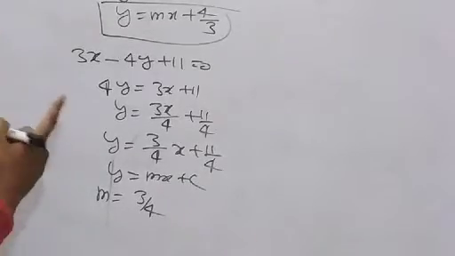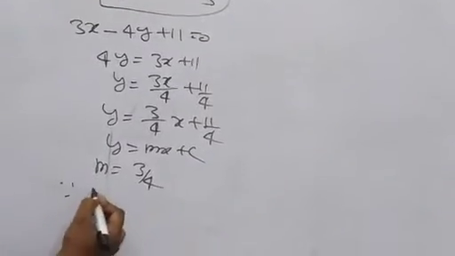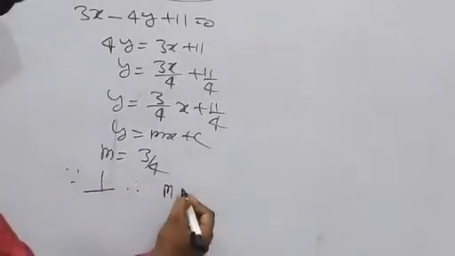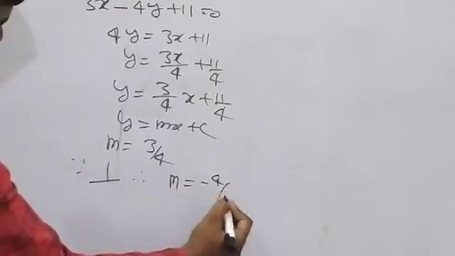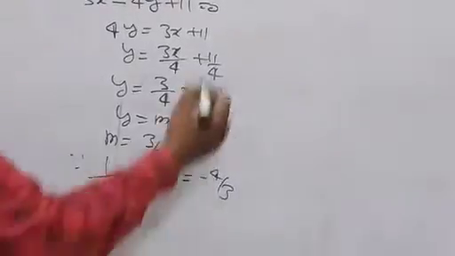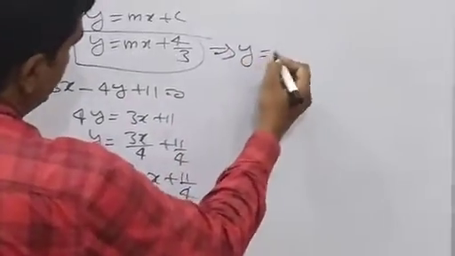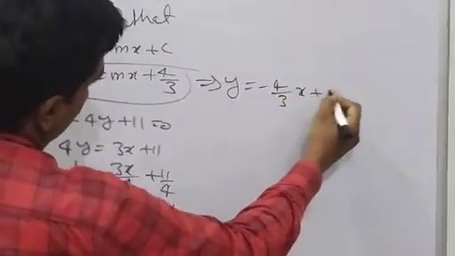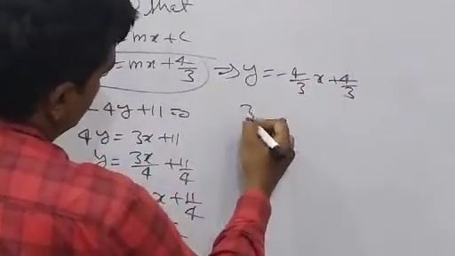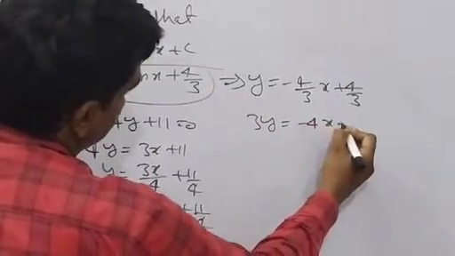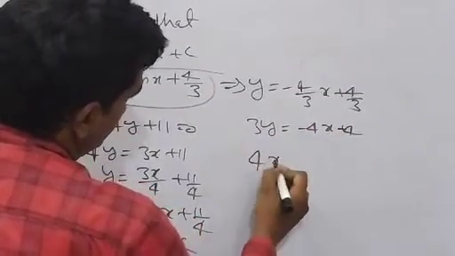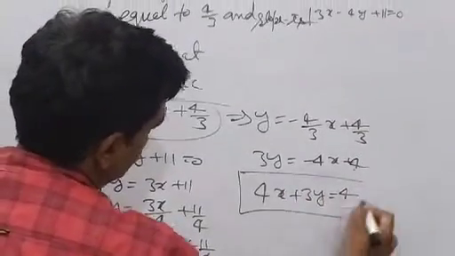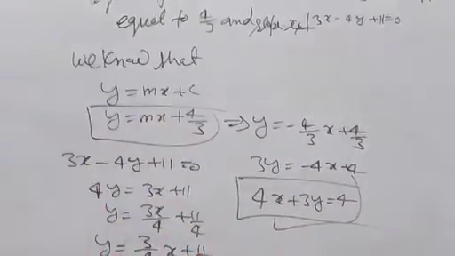Since here the line is perpendicular, therefore slope is equal to minus 4 by 3. Now equation of line y is equal to minus 4 by 3 x plus 4 by 3. Then 3y is equal to minus 4x plus 4, and 4x plus 3y is equal to 4. Clear? Now this is the answer.